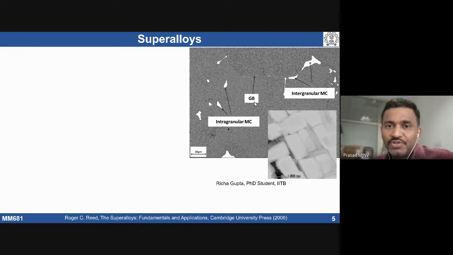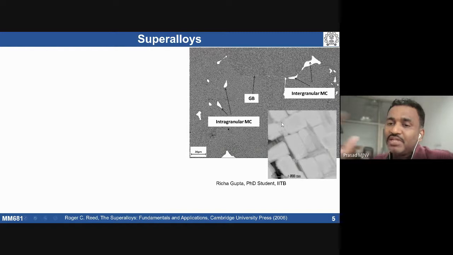Usually, because of the presence of gamma prime precipitate, instead of strength decreasing with increasing temperature, strength increases up to a certain temperature, around 800, 900 degrees Celsius, depending on what type of gamma prime. Gamma prime can also be an alloyed precipitate.